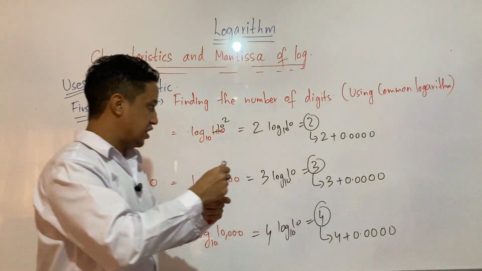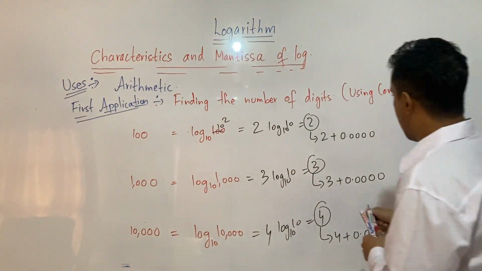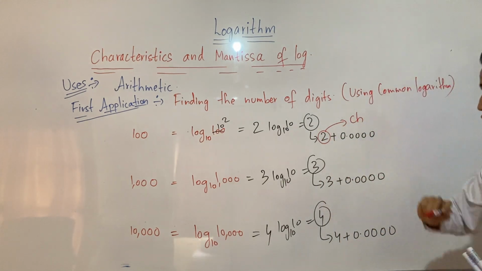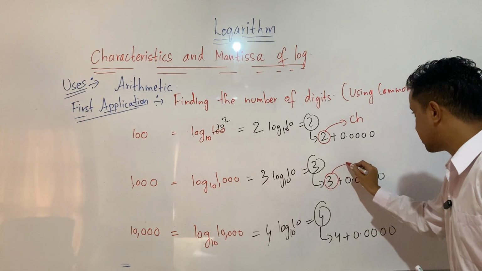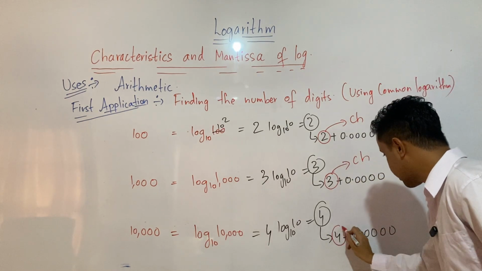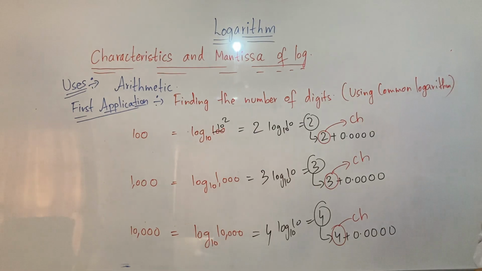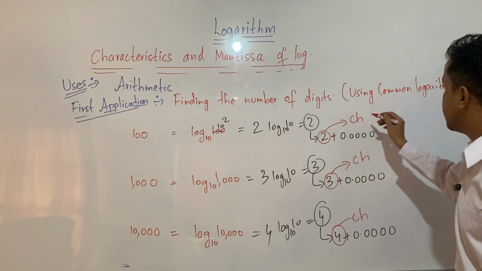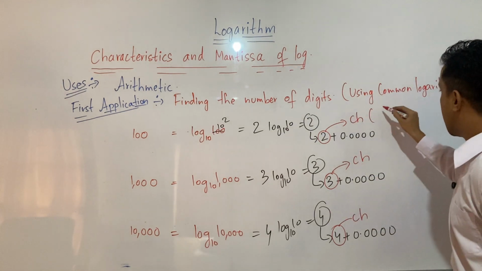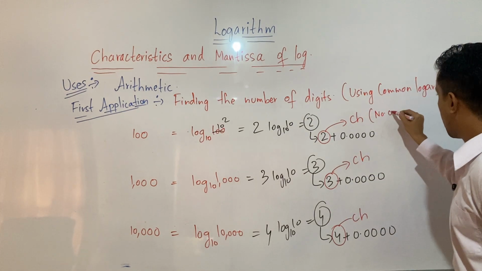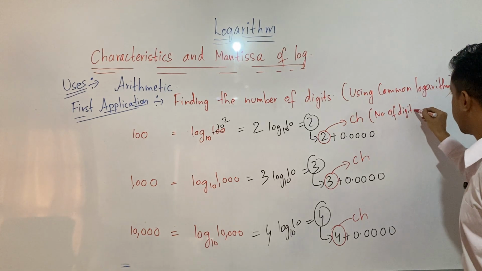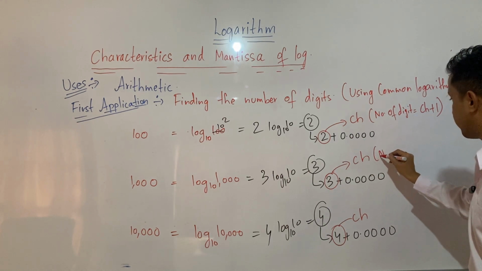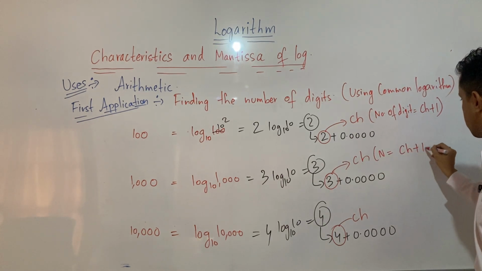Here the characteristic is 2, here it is 3, and here it is 4. So if you have to find the number of digits, you have to do characteristic plus 1. Here the number of digits n would be characteristic plus 1.